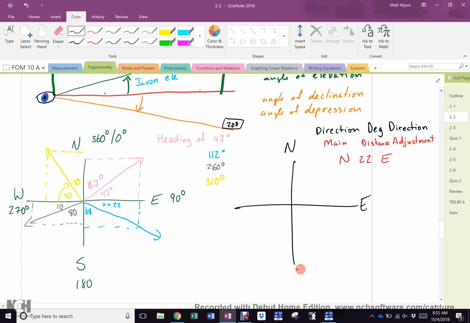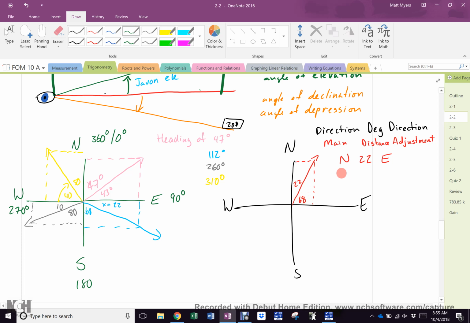So I am actually moving north, but 22 degrees to the east. Does everybody understand? So if this is 22, if I want to do trig, what's this one? 68. Is everybody cool?